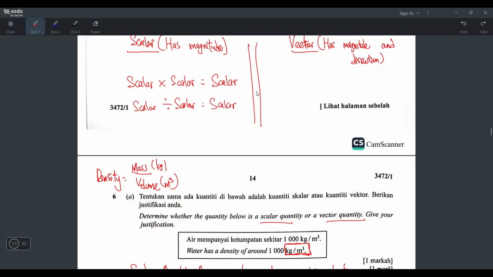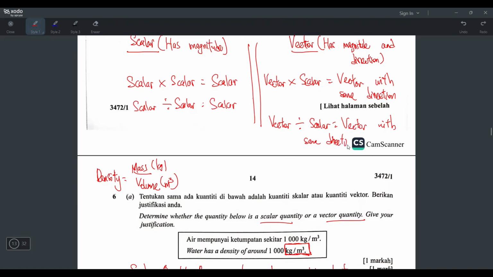But when you take a vector multiplied with a scalar, you will get a vector with the same direction. And for the last part, when you take a vector divided by a scalar, you will also end up getting a vector quantity with the same direction.